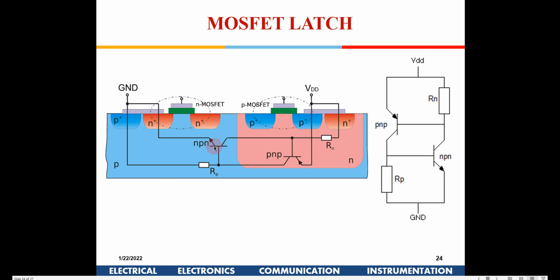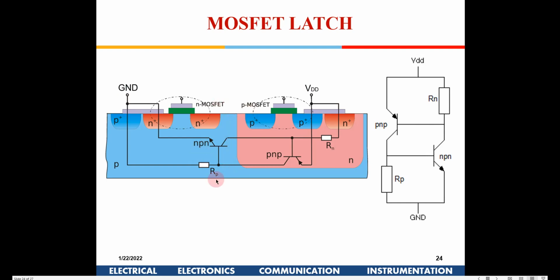So there are two techniques, right? One is by having these body connections at regular intervals, or putting a P plus ring. P plus will make this BJT very, very weak. If you understand how a BJT works, you will realize that for the electrons coming from the emitter side to be swept towards the collector, the P has to be lightly doped.